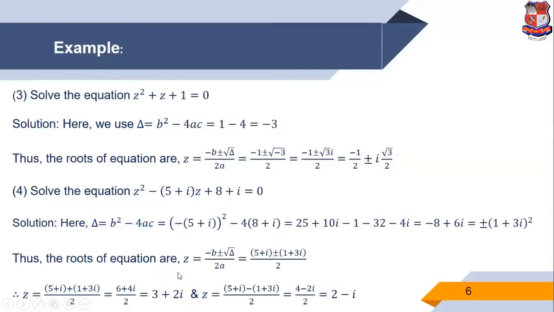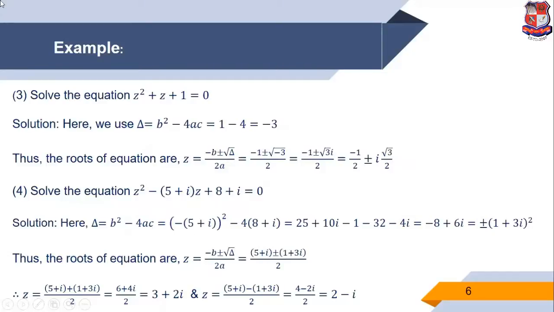Thus the roots of the equation are, z is equal to minus b plus or minus root delta upon 2a. So minus b, that means minus of minus, so plus (5 plus i) plus or minus root delta. Here square and square root both cancel, that means 1 plus 3i divided by 2, a is 1.